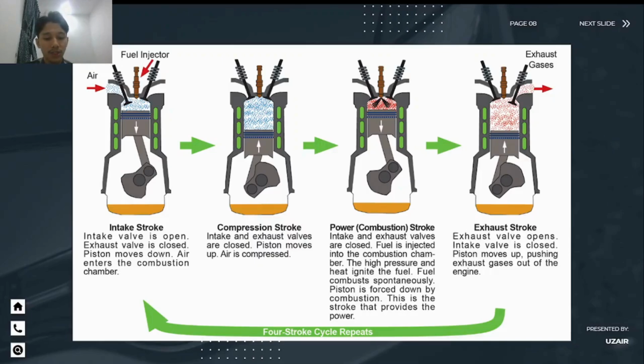The high pressure and the heat will ignite the fuel. Fuel will combust spontaneously, forcing the piston back down by combustion, and this is the stroke that provides the power. And lastly, exhaust stroke. While the intake valve is closed and the exhaust valve is open, the piston will move from BDC to TDC while pushing exhaust gases out of the engine.